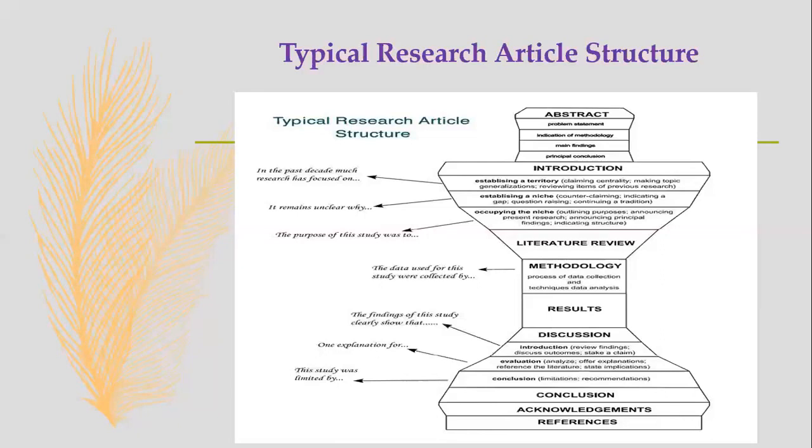So basically, what are the main components that an abstract should have? It should have the problem statement, it should have some indication of the methodology that is used, and you should give some of the main findings that you have found out in the paper, and you should give the main conclusion that you have drawn from this research in the abstract.